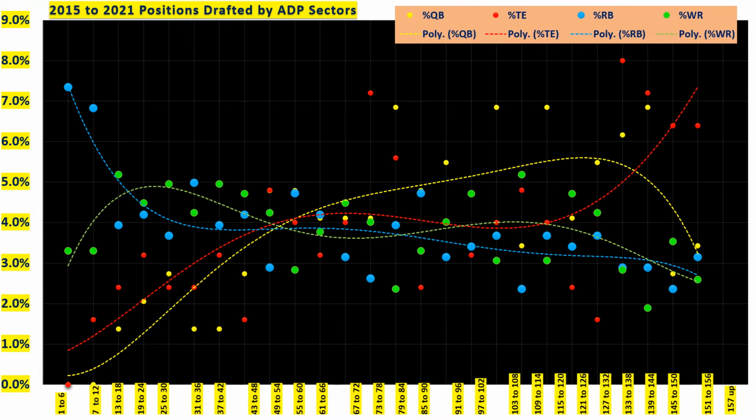So it's a little bit of a smoothing process, but there's going to be enough variation that I think that's as good as any approach to the actual data. So you see the actual data, which is a composite of 7 years, so it's a 7-year average situation. And we look at the percentage of each position drafted.